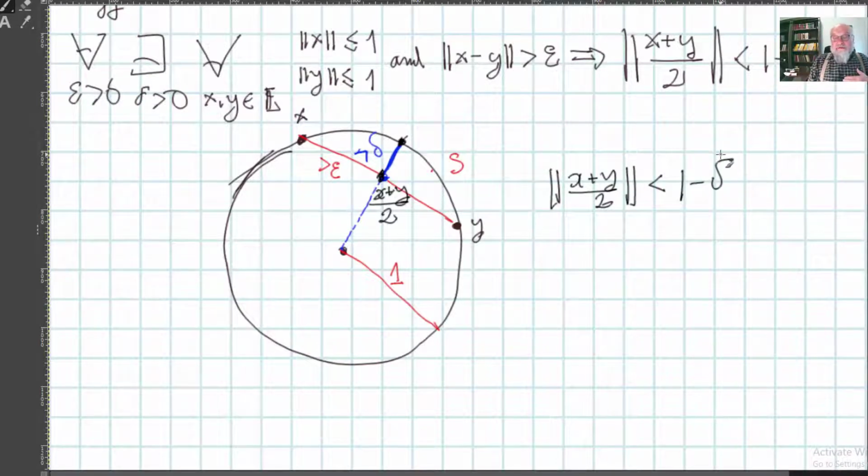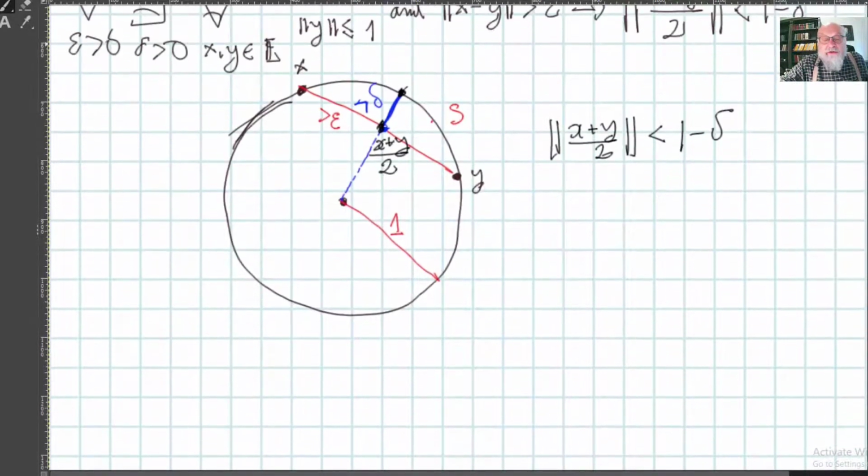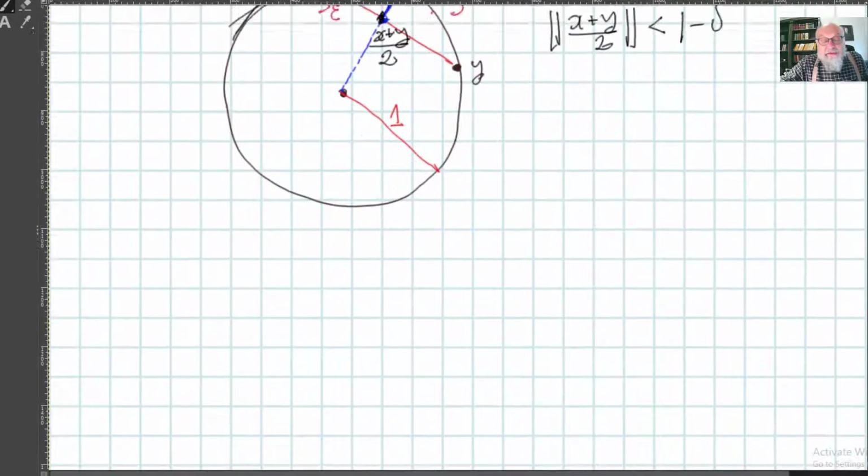That's exactly what it says, exactly the condition here. Let's denote the condition of uniform convexity by star.